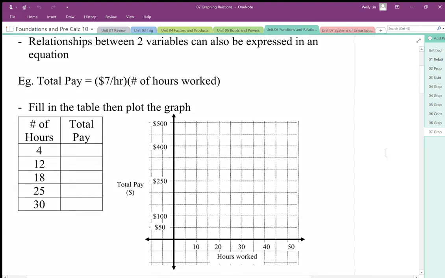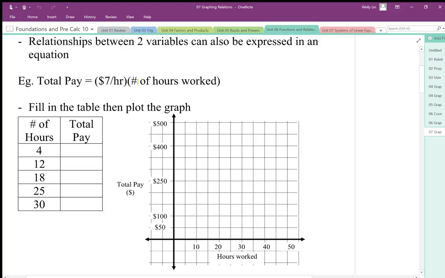So here's our relationship. This person is getting paid $7 an hour, so we multiply that by the number of hours worked, which gives us the total pay. So the relationship is the hours worked and the total pay. Let's establish what our dependent and independent variables are.